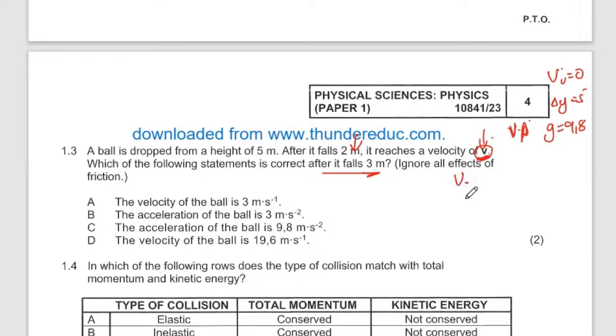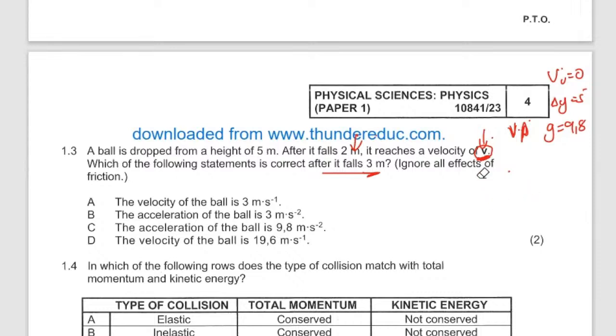If I use VF equals VI plus GT, initially 0 plus 9.8, but this doesn't have time, so it's not going to make sense. There's no time involved.